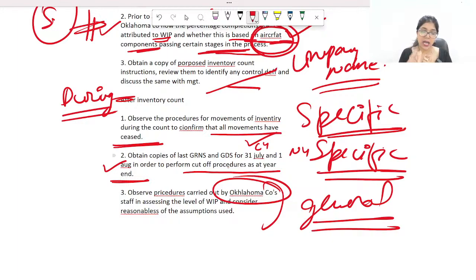This was a little challenging because no specific information was given to us, but I think we were able to manage it. Any doubts, guys? Is it clear? Quickly let me know in the next 1 minute, then we'll be moving ahead with the next substantive procedure.